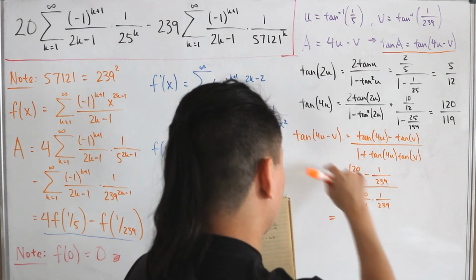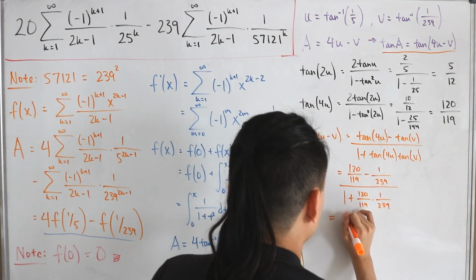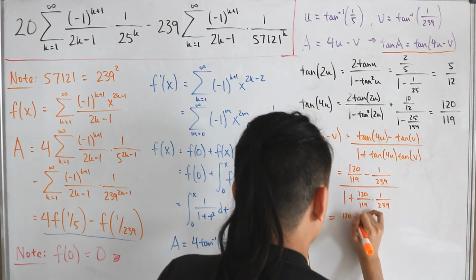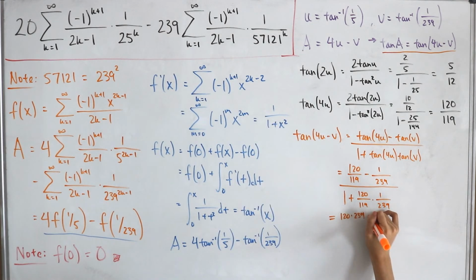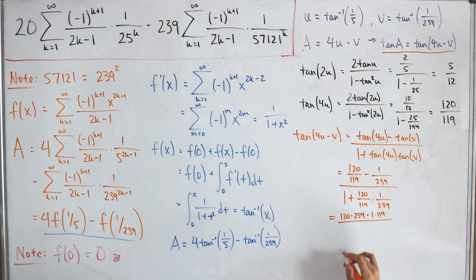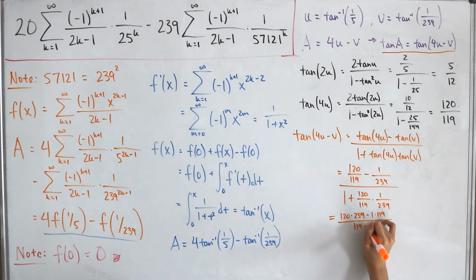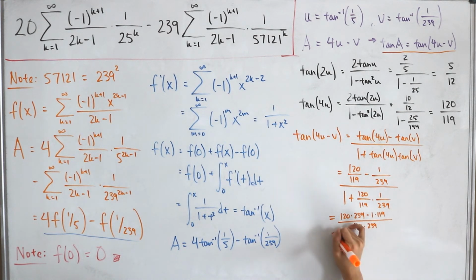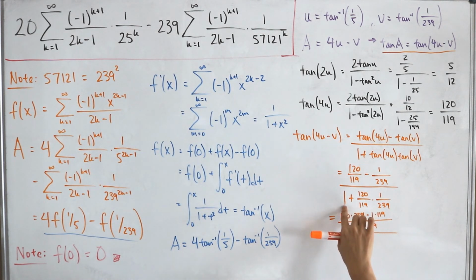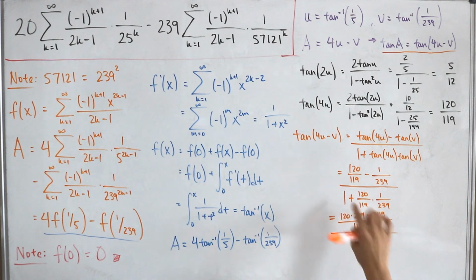If I cross multiply from the top, I have 120 times 239, then subtract 1 times 119, all divided by 119 times 239. That's just for the numerator. Then we fix the denominator up, making sure we write it with the same denominator, since it's 1.